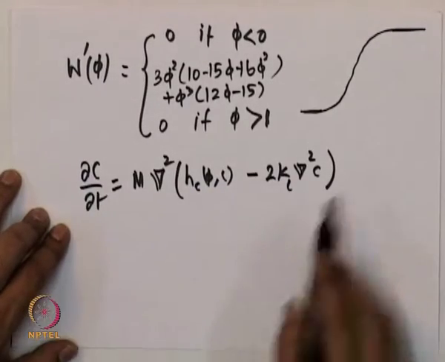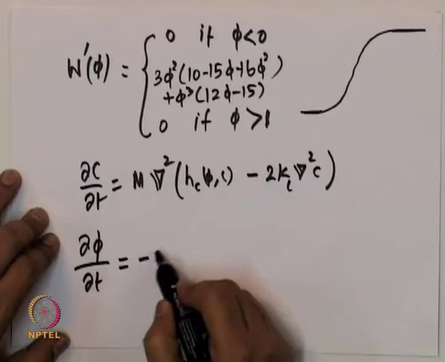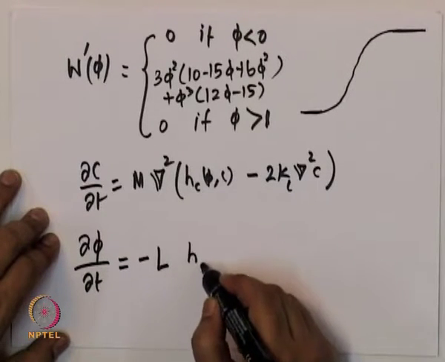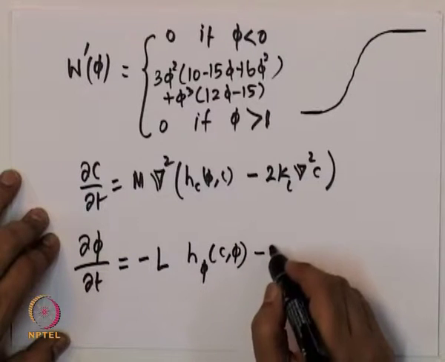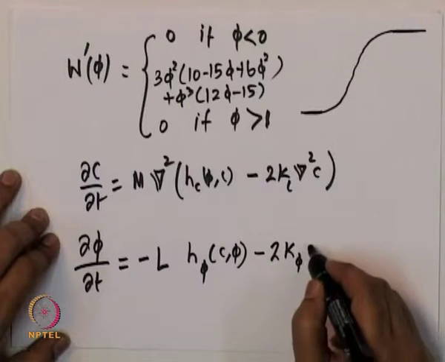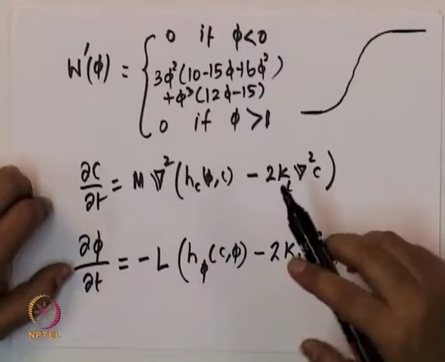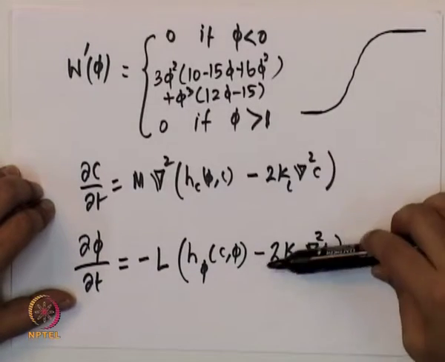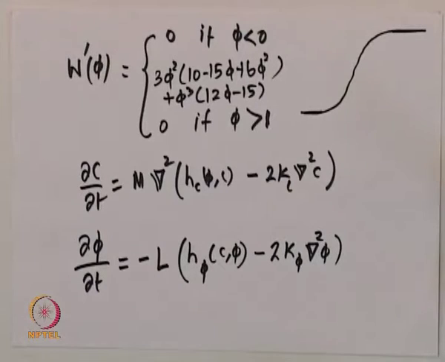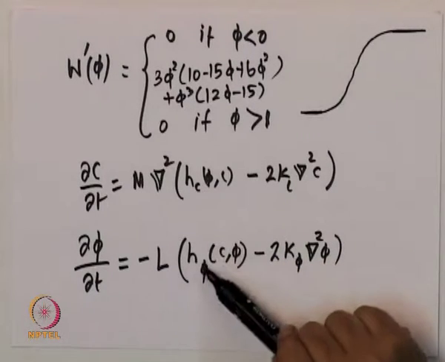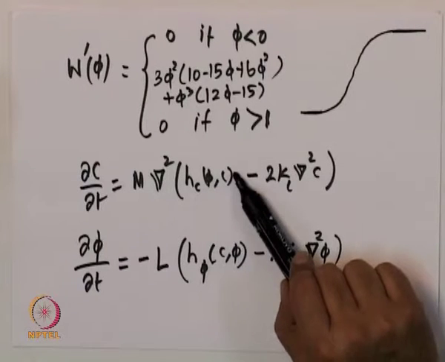So this is the Cahn-Hilliard equation, and dou phi by dou t equals minus L times h of c comma phi minus 2 kappa phi del squared phi. So this is the Allen-Cahn equation, and both of these we are now going to solve using the semi-implicit Fourier spectral technique. So we need to calculate these quantities using the real space phi and c values.